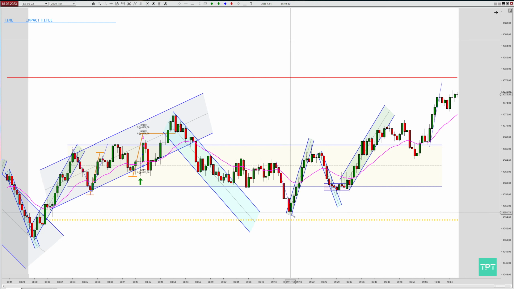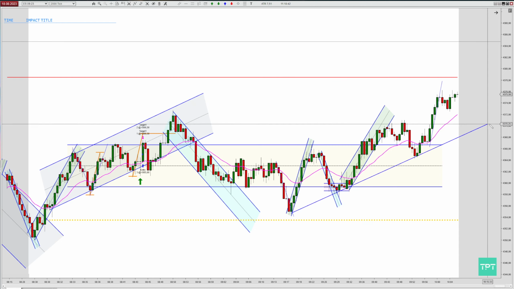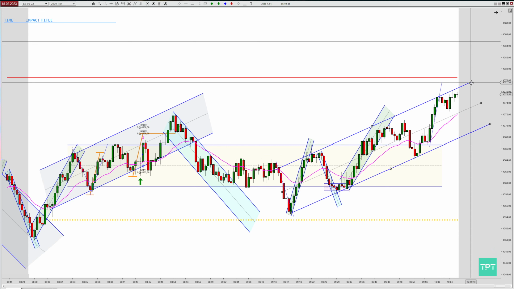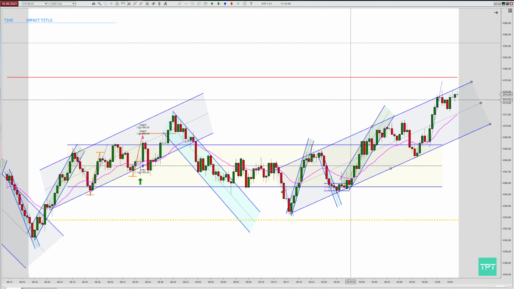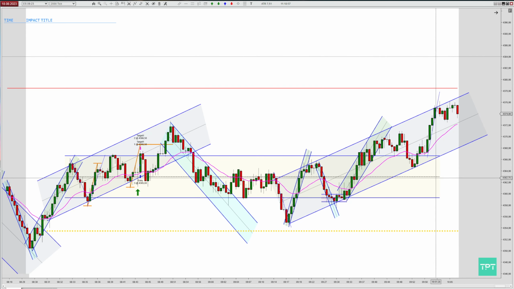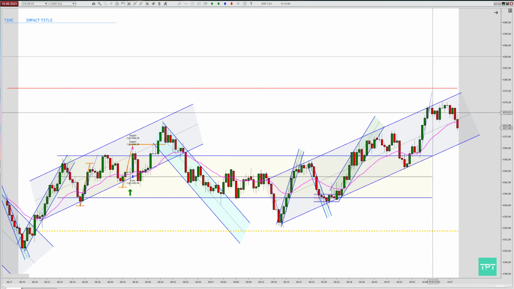And if you take this low and connect the last swings, then you can see this is looking pretty nice here because prices fit in this channel neatly. No setup so far, so we have to wait and see what prices are giving us.